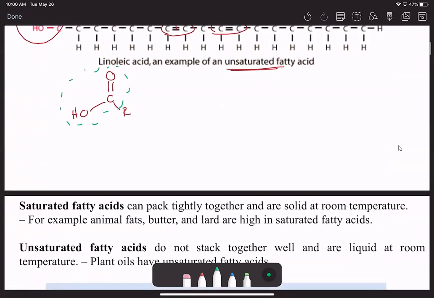If I try and draw cis fatty acids, let me draw a couple here, and you'll see that they don't stack together very well. You can already kind of see that they're not stacking together very well. I'd have to maybe draw another one over here in kind of this direction.